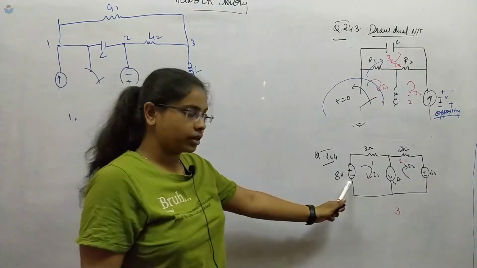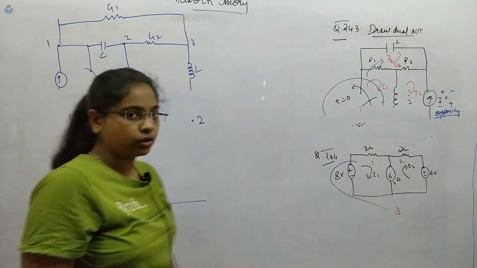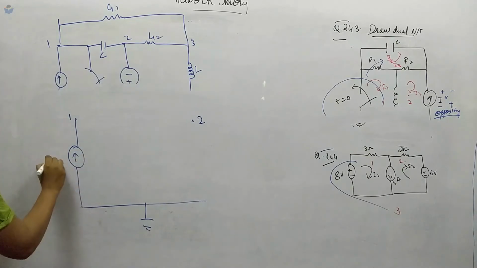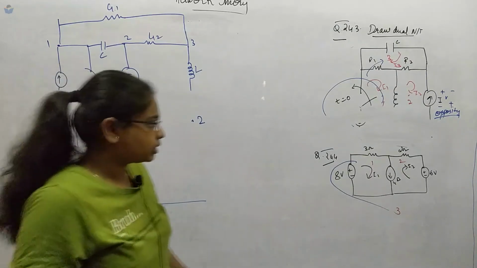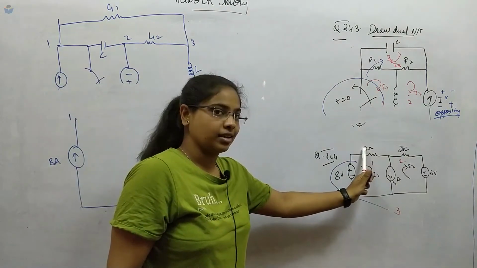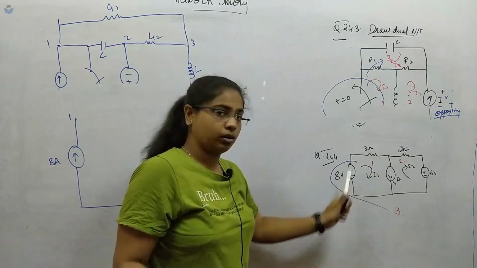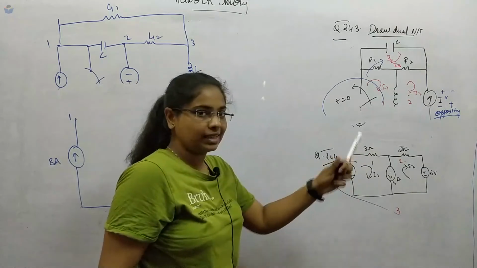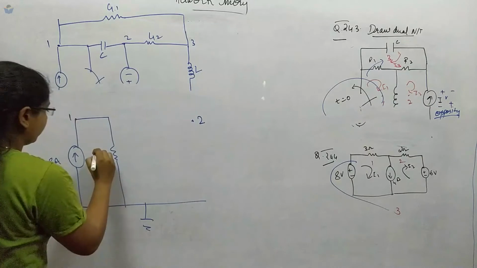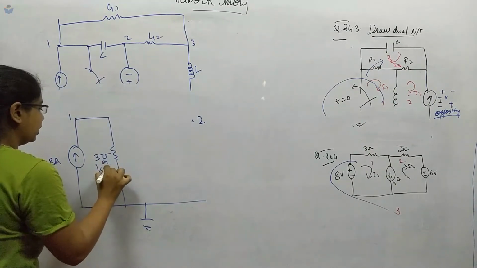Moving from 1 to 3, we have an 8 volt voltage source, which will be converted to a current source of 8 amperes. From 1 to 3 we have a resistor, which will be converted to conductance. Watch that the 8 volts and 3 ohms are in series, so it will be converted to parallel. It will be either 3 Siemens or 1/3 ohms.